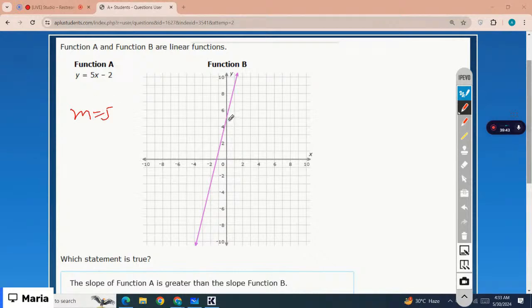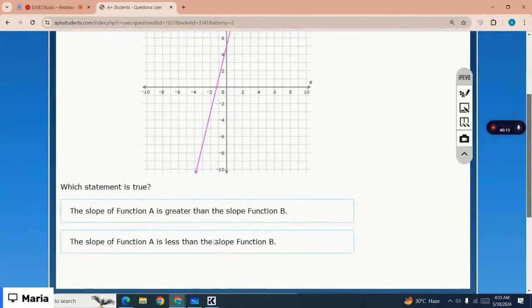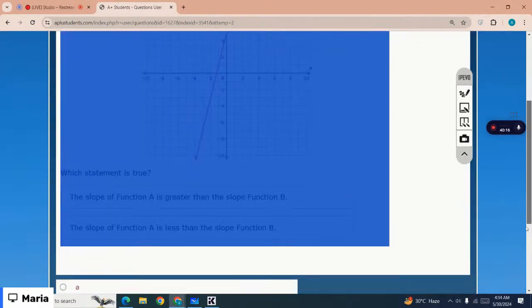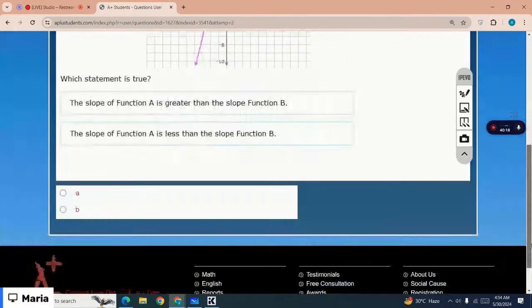Okay, let's see the slope of function B. 1, 2, 3, 4, 1. So the slope of function A is again greater than slope of function B, right? So the correct option is slope of function A is greater than slope of function B. Option number A is the correct option.